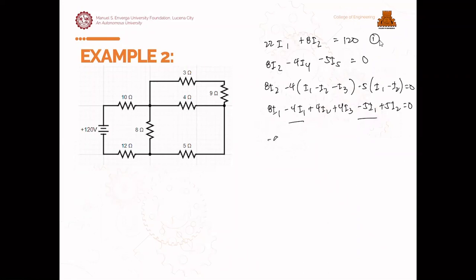Kasunod is lahat ng I2. So ito 8 plus 4, 12 plus 5 is 17. So plus 17I2 plus 4I3 is equals to 0.